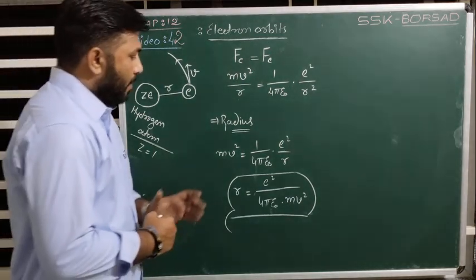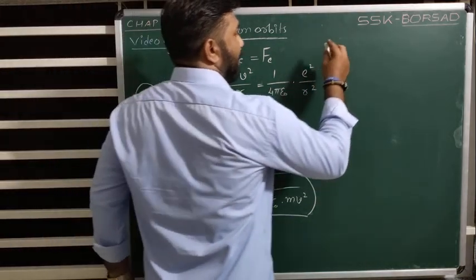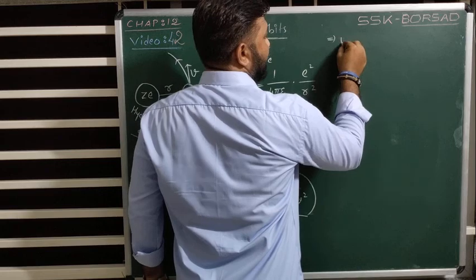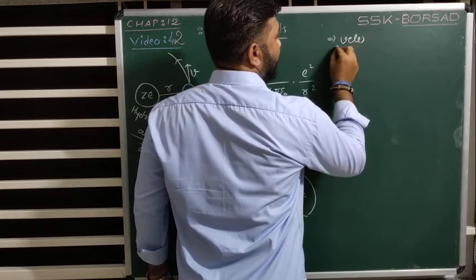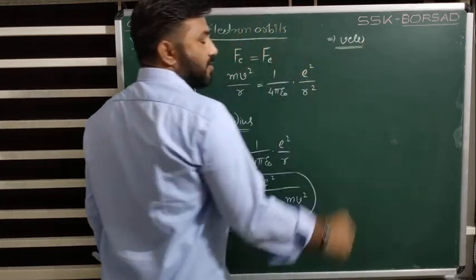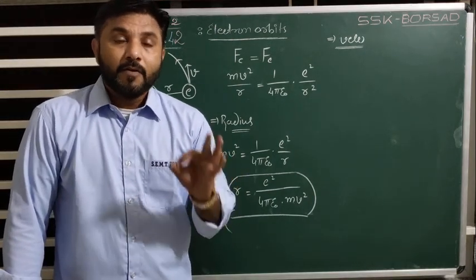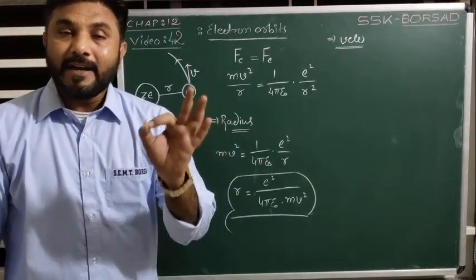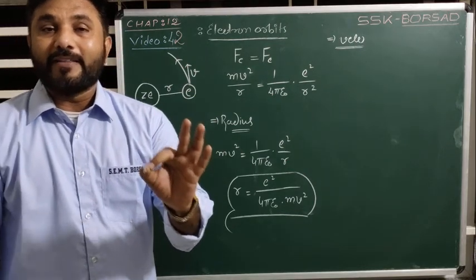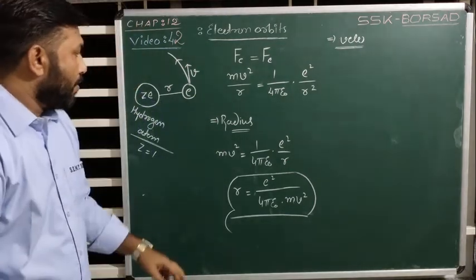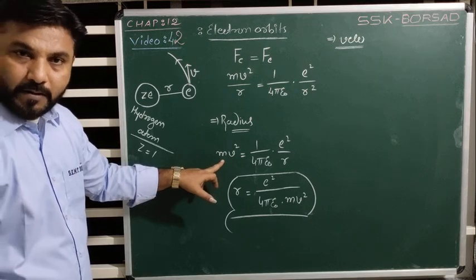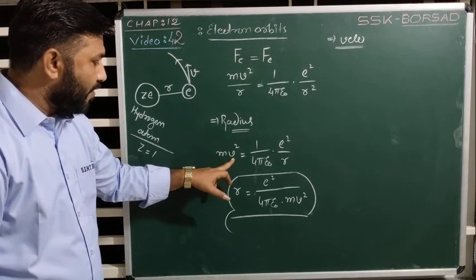From this we also have to find the equation of velocity. Why? Because after this topic, I think in illustration number 12.3, one equation is used to find the velocity. So you have to take the same equation and make v the subject.